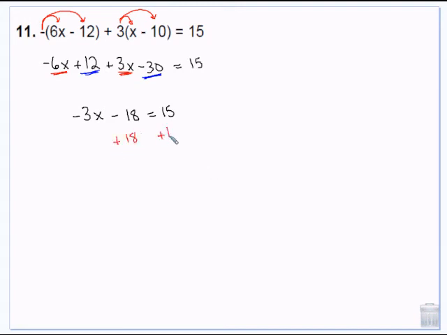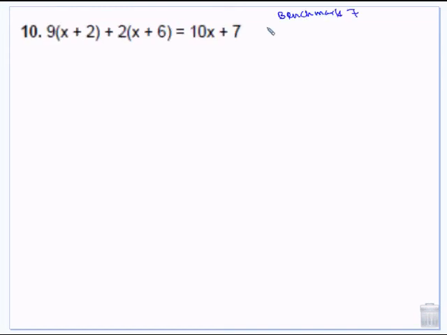Okay, I'm going to add 18 to both sides. And I get negative 3x is equal to 33. Divide by negative 3. x is equal to negative 11.